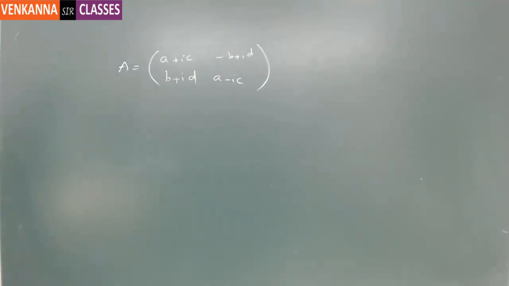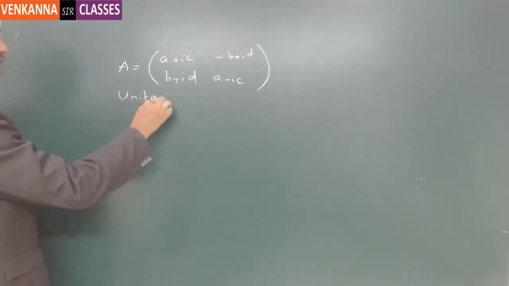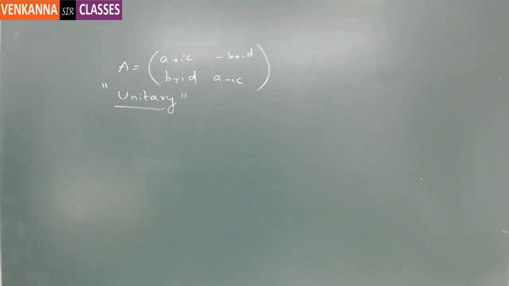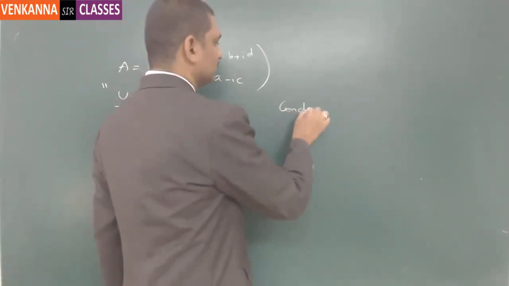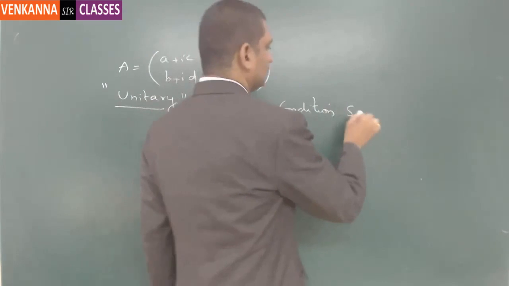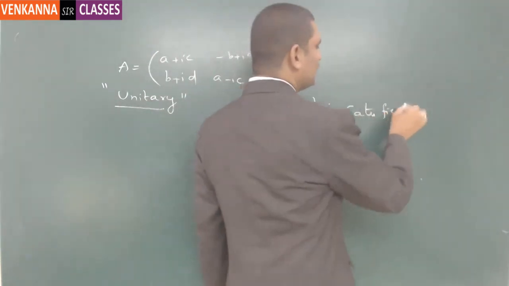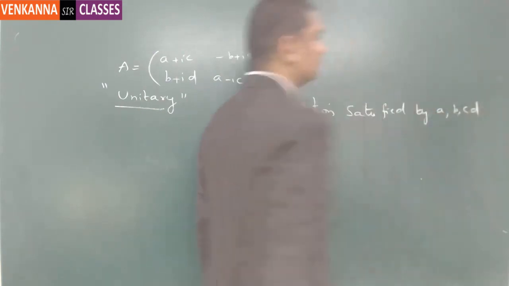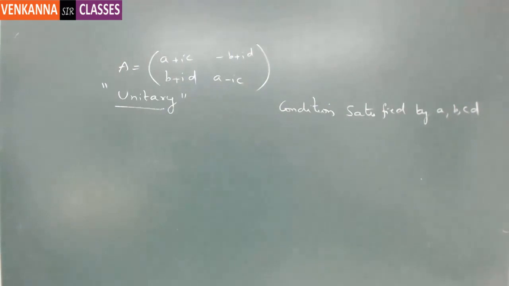Now the condition is, if the given matrix is unitary, what is the condition satisfied by the values a, b, c, d? Right? This was the question. It is given that the matrix A is unitary, then what is the condition satisfied by a, b, c, d?